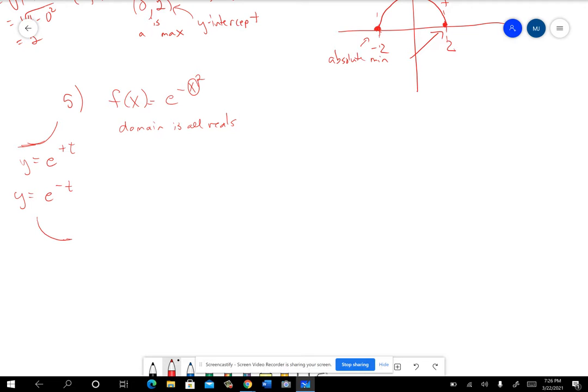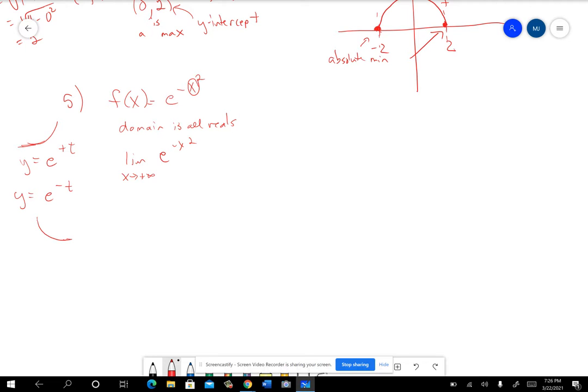And then we might want to think about the limit of e to the negative x squared as x goes to positive infinity, just to think about what the end behavior is.